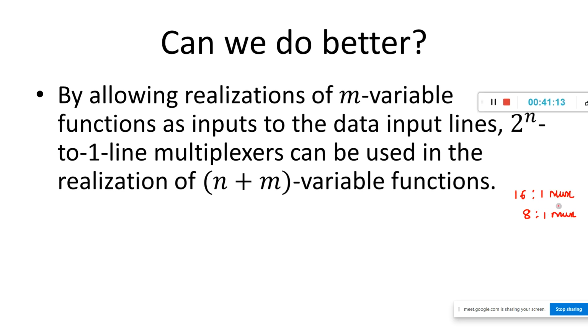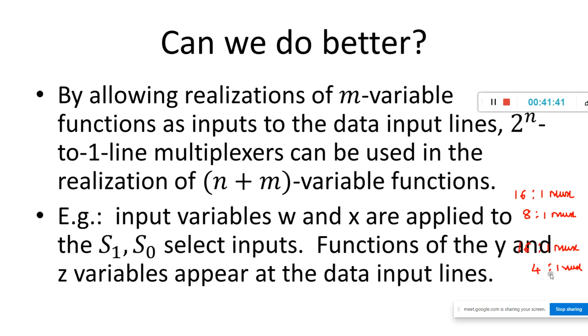This was good. Can we do best? Yes, a 16:1 mux can also be implemented using a 4:1 mux. When you implement with fewer variables, you need less hardware, less time, and get more performance of the system. That is the best. Okay, this is good, this is best.